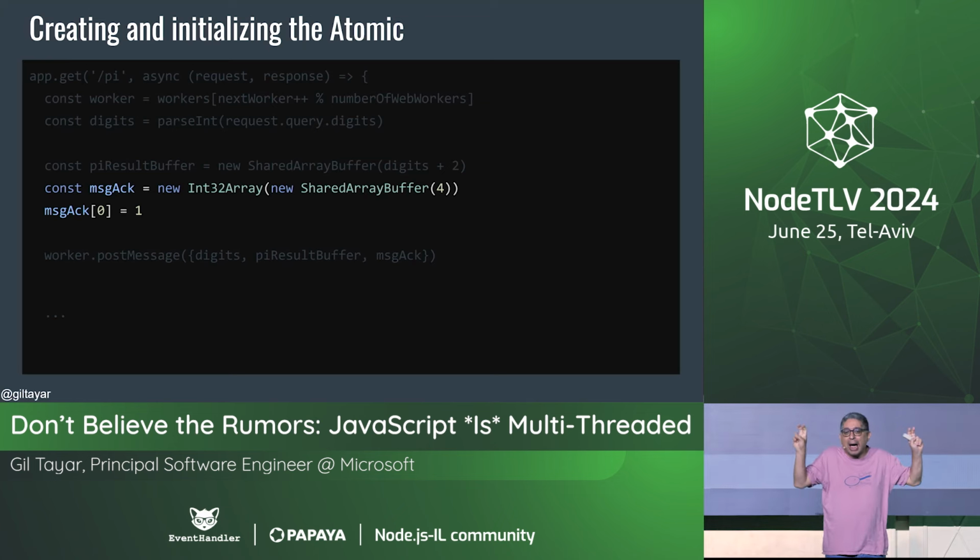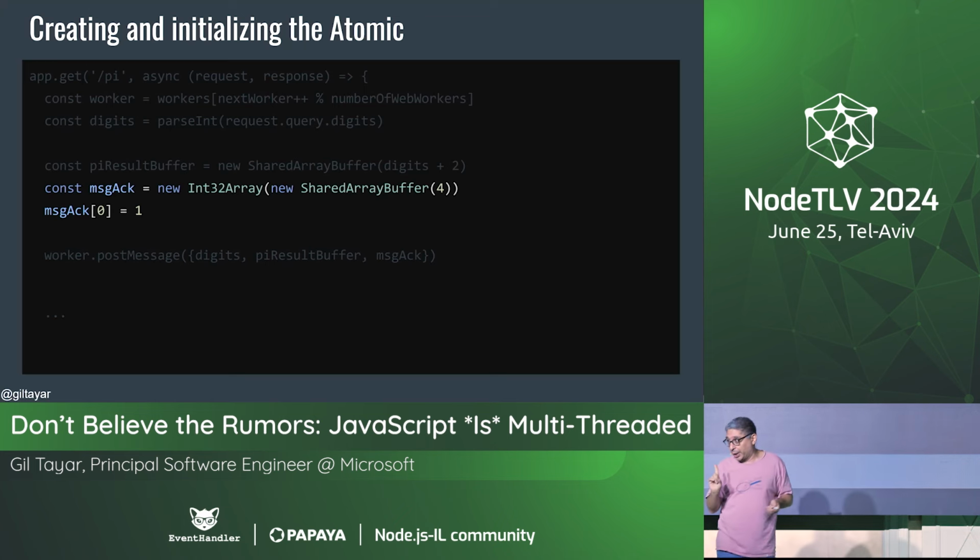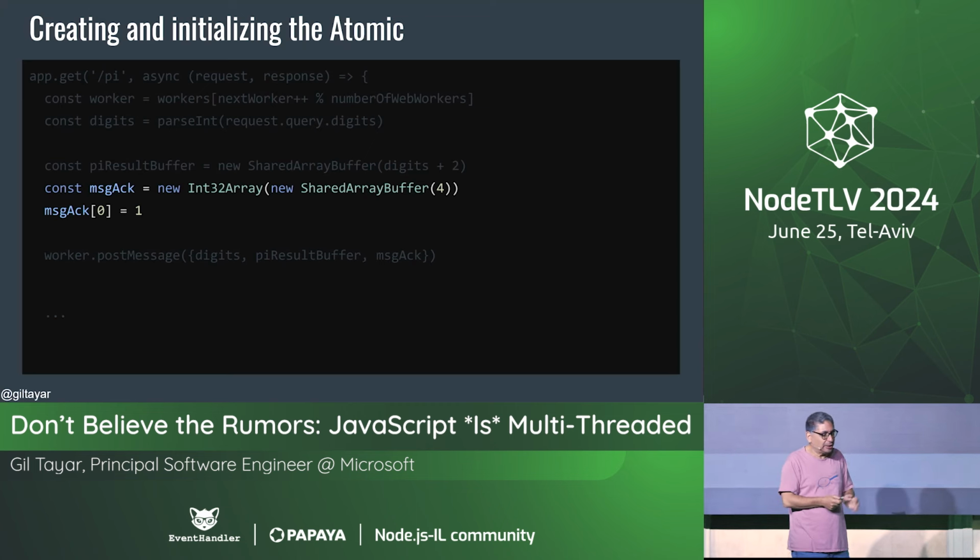We have to wrap it, view it with an Int32Array. So we have an Int32Array of size 1. And then we set the first element in the array, which is the only element, to a value of 1. We don't really have to do it. It's mostly for the explanation.